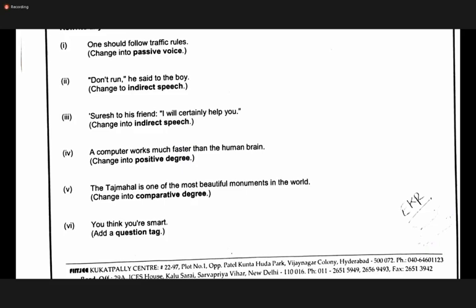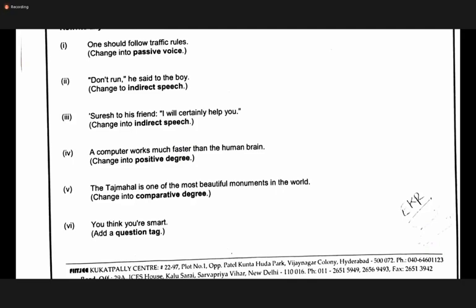Then the remaining part of the sentence you can change. Suresh told his friend that he will certainly help you. Not "will." Told means it is in the past tense. All present forms should be changed into past, and the reporting verb is in the past tense. So "would." Suresh told his friend that he would certainly help him.